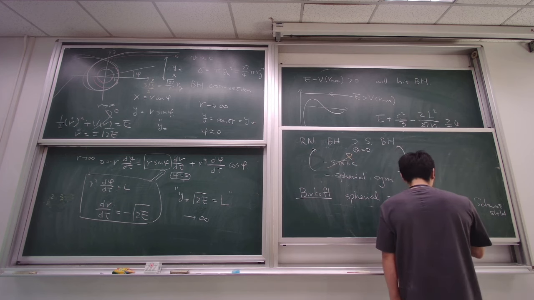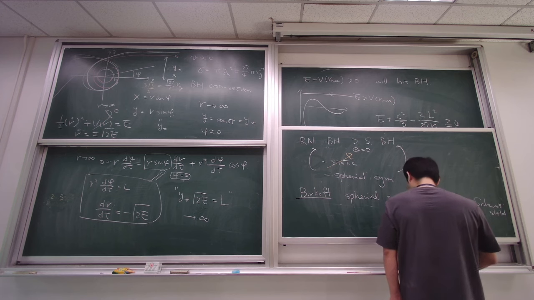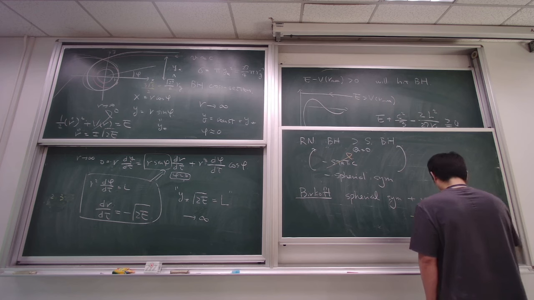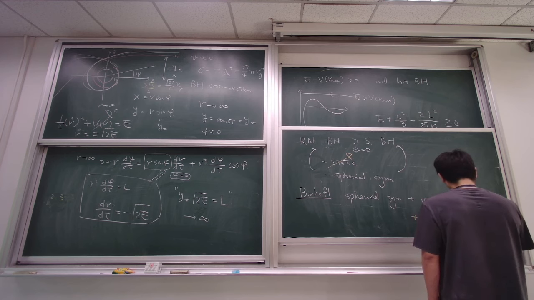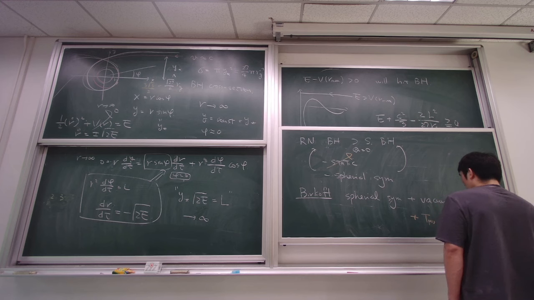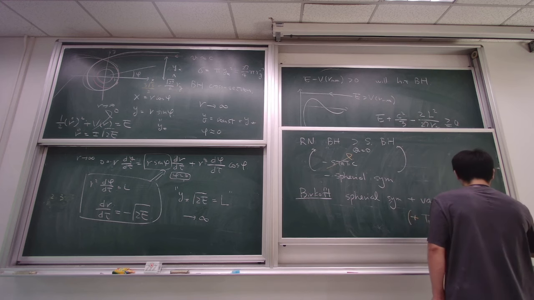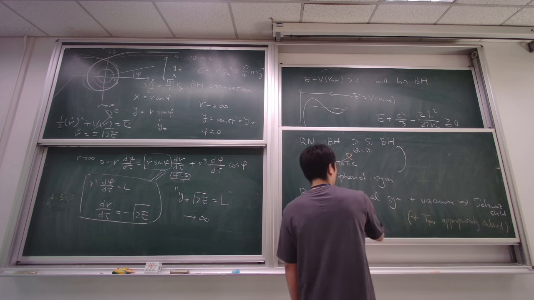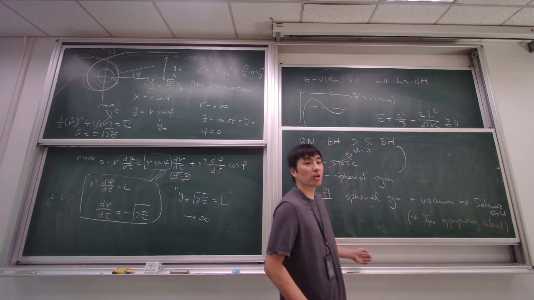So T mu nu is appropriately defined. I'm going to omit that because it becomes complicated. I will only focus on the first one, but you can generalize to the rational non-storm.